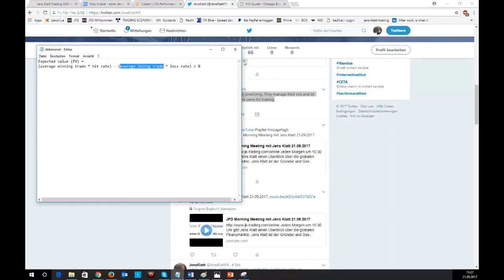By the way, that's another component you should always look at, the payoff ratio. That's very simple. It's the average winning trade divided by the average losing trade. And the ratio should definitely be bigger than 1. So that means that on average you're making more money when you win than you're losing when you lose.